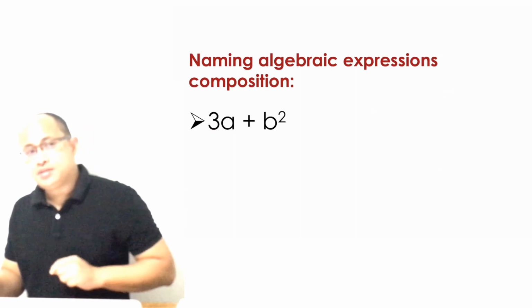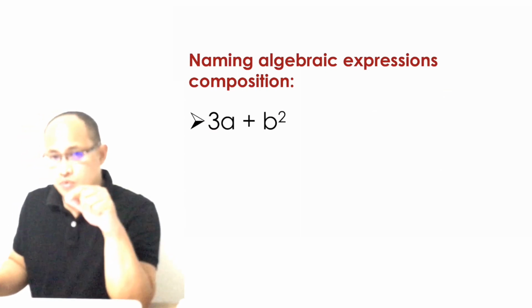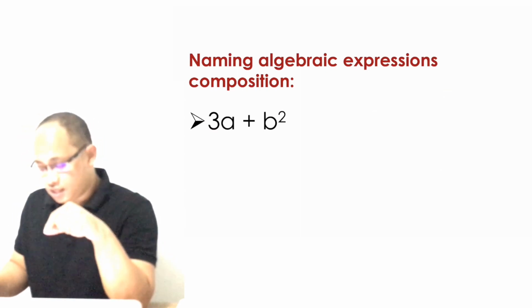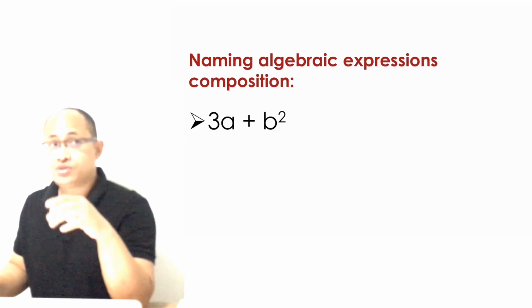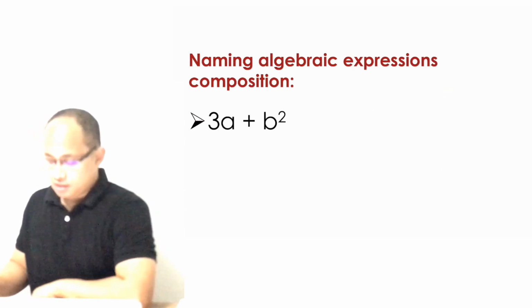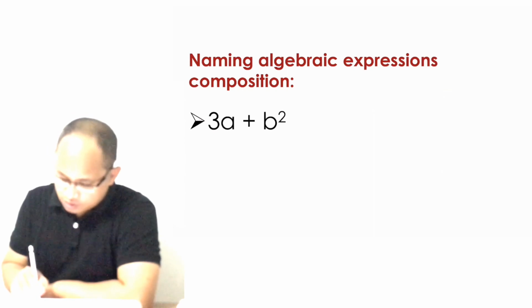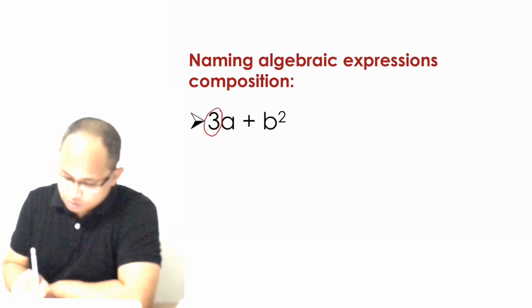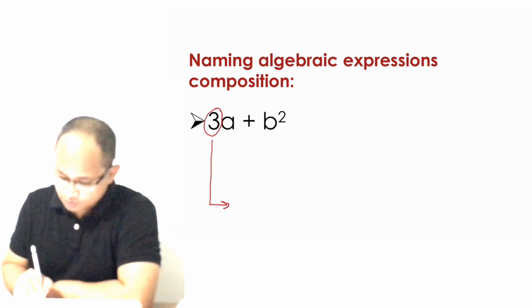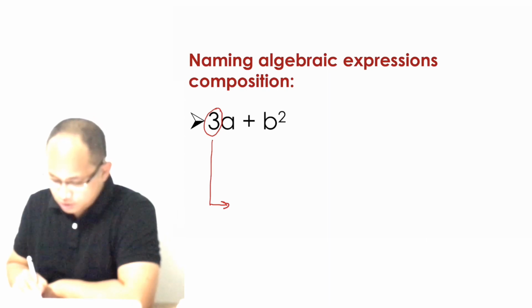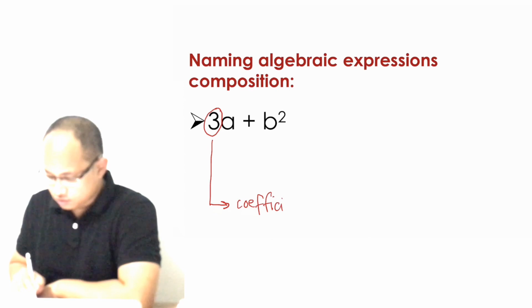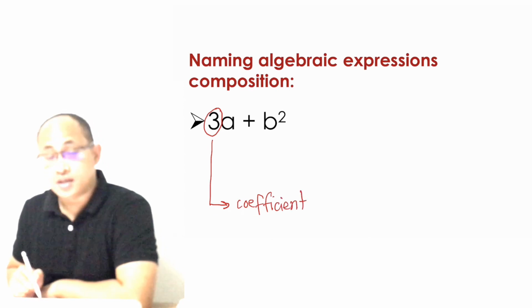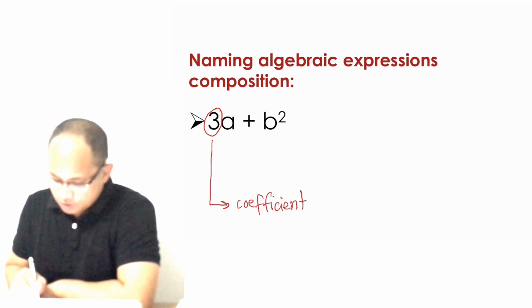Here's an example. We're going to name which parts of this given expression are considered part of algebra. We start with this number 3 here. Number 3 is considered to be the number, or what we call the coefficient.